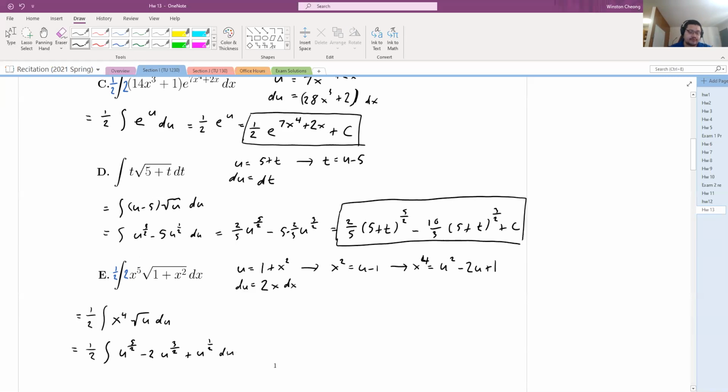And then that's what we're integrating. I'm trying to be careful because I need to have enough space to do things. So u to the 7/2 over 7/2, minus 2 u to the 5/2 over 5/2, plus u to the 3/2 over 3/2. And you can see that there's at least a cancellation because of this half on the outside.